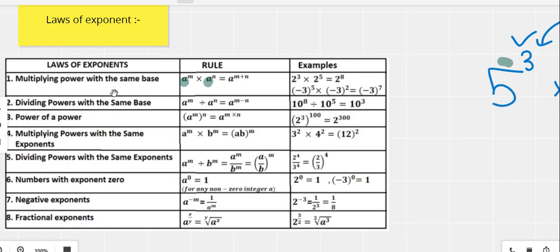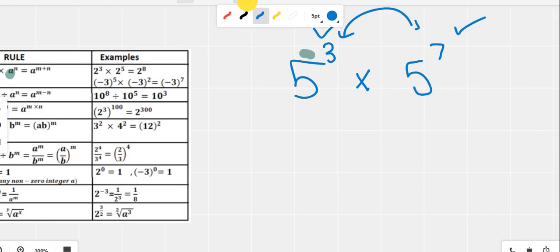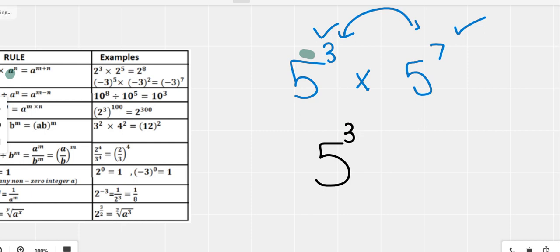So we look at multiplying power with same base. 5 and 5 are the same, so I write 5 as it is, and then add 3 plus 7, which equals 10. So we got 5 to the power of 10, and that's our answer.